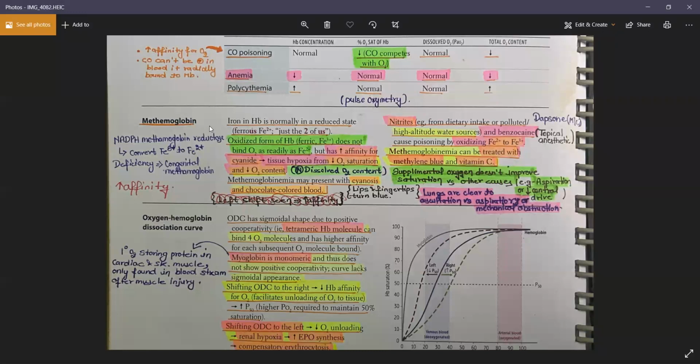If the patient's lungs are absolutely clear on auscultation, no aspiration history is present, no mechanical obstruction is present, and on giving supplemental oxygen the patient is not showing an elevation of the saturation, that's how you know the patient has methemoglobinemia, not some other kind of anatomical defect.